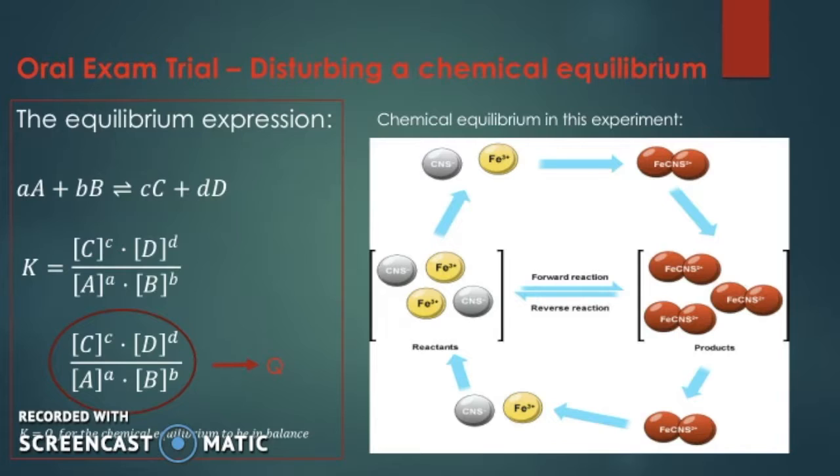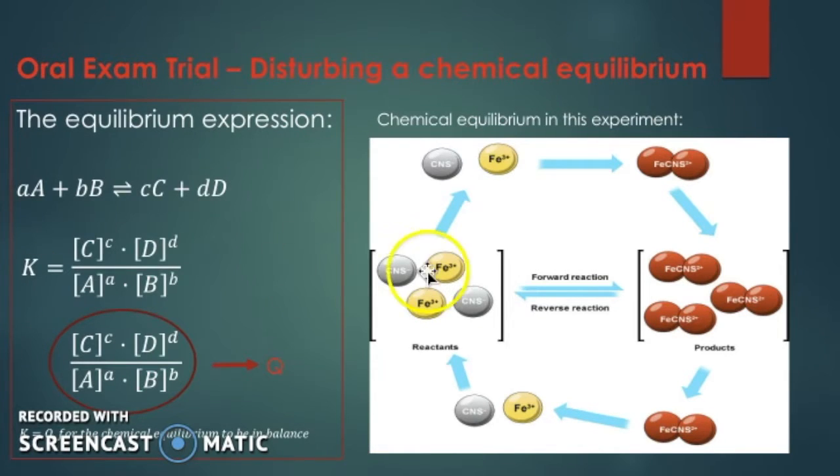And the chemical equilibrium in this experiment can be demonstrated with this figure to the right. This figure shows the chemical equilibrium in the experiment, and as it can be seen, the reactants are on the left side and the product on the right side, so they are both present.